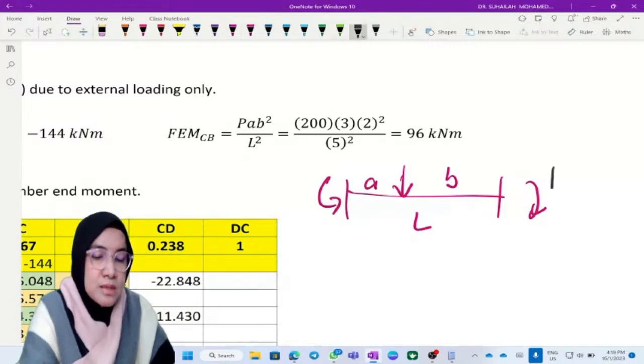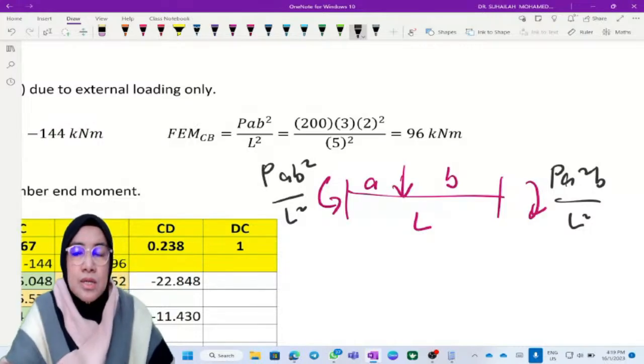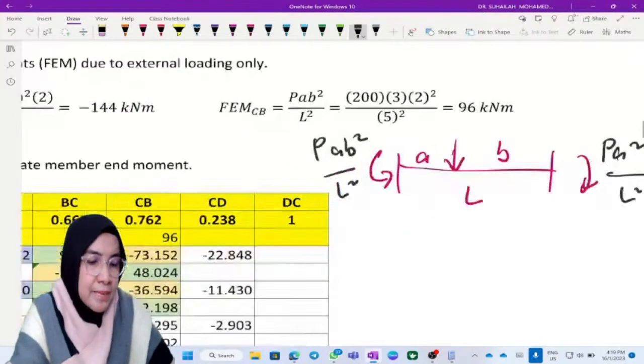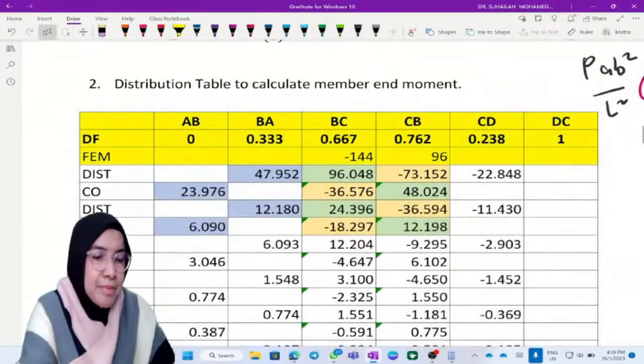The formula is P A squared B over L squared, and P A B squared over L squared. So refer to the formula and calculate the FEM based on it.